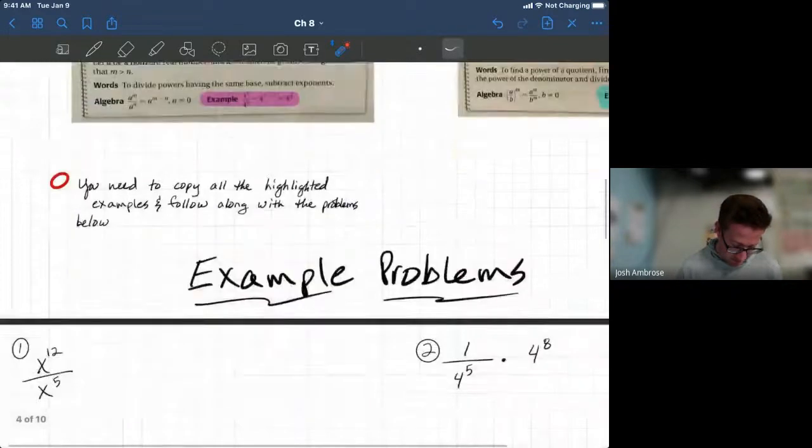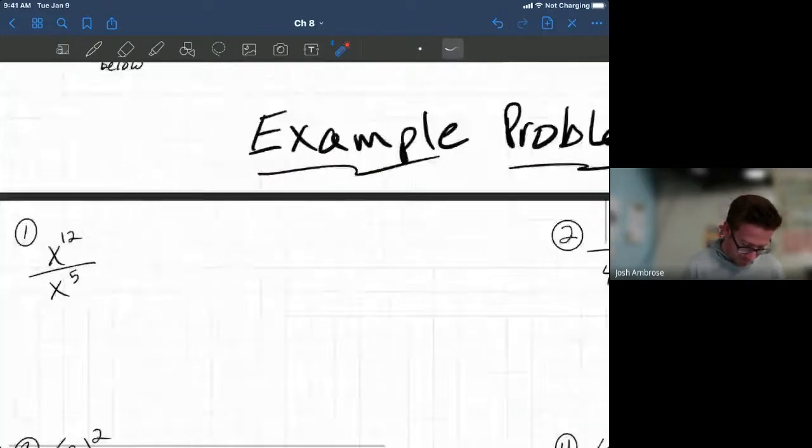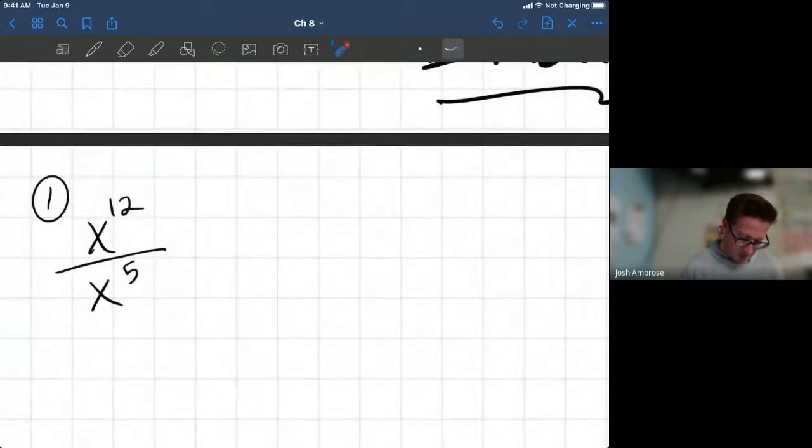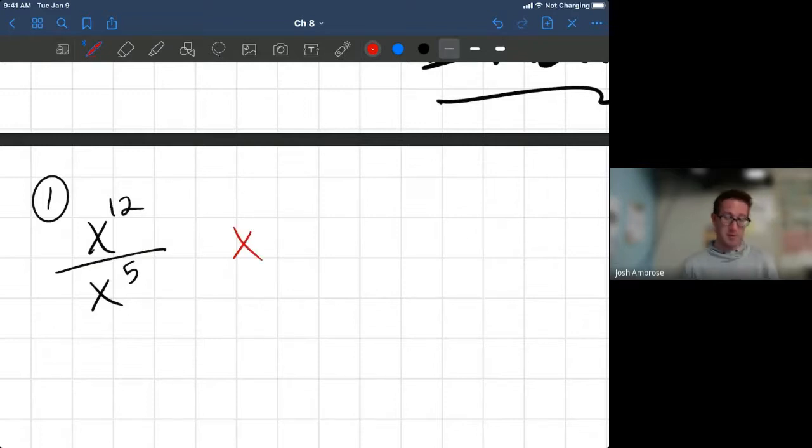Let's move into our example problems. Here we go. Okay, let's zoom in here. Same base, division, different exponents. If this is what is being given, same base, different exponents using division means the top number subtracted by the bottom.